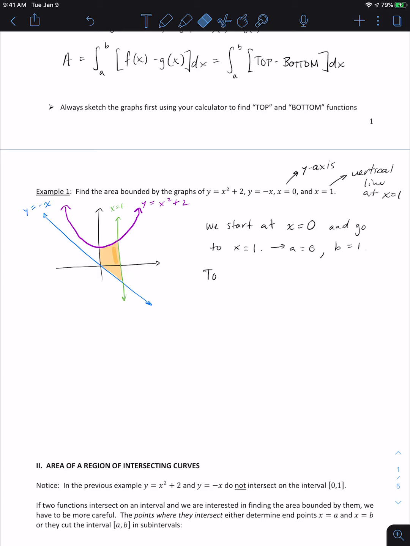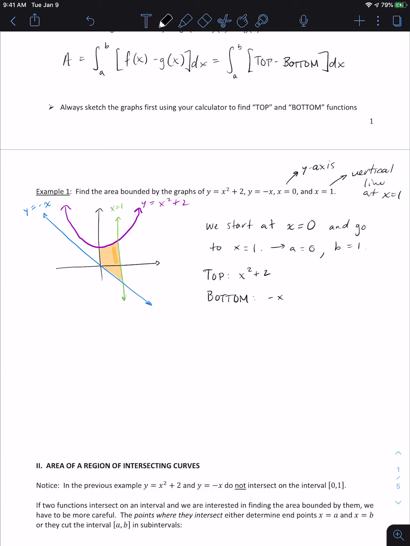Our top function is going to be the x squared plus 2 function, because it is the upper bound of that orange area. Our bottom function, our lower bound, is negative x.